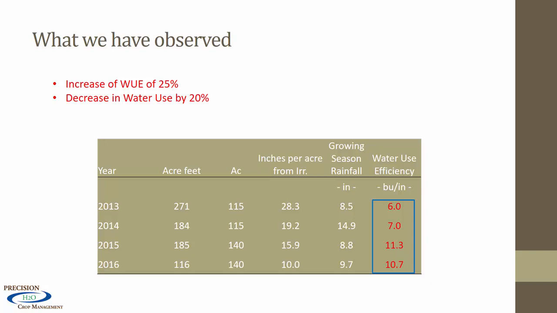Across all of our fields over the last 3 years that have been under this system, we've increased the water use efficiency by 25%. And then probably most importantly, especially as water becomes more and more limited, more and more of a commodity, we saw a decrease in water use by 20% over what farmers had historically been doing. So a significant savings in water use.